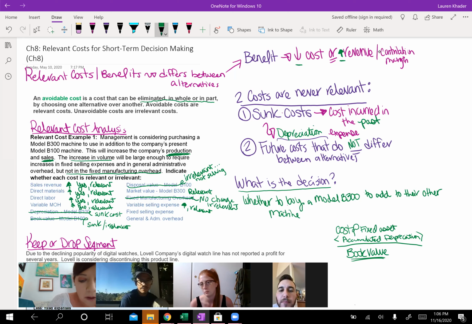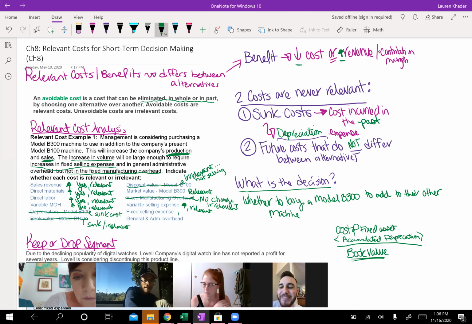Fixed selling expenses. Also relevant. Relevant because it was explicitly stated. So with those fixed costs, if they don't say anything about the fixed cost changing, then it's implied that it's not changing.